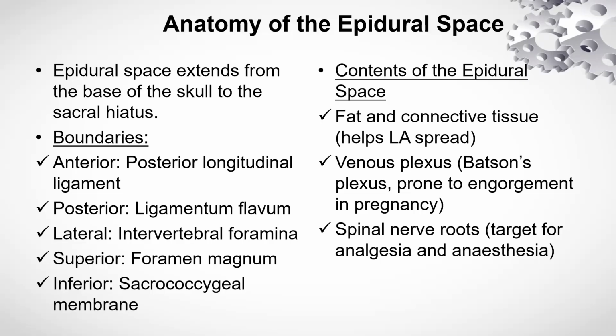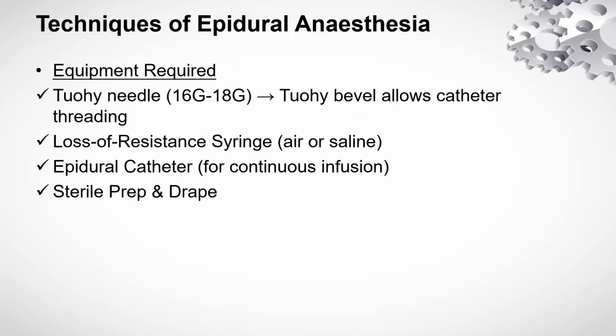Contents include fat and connective tissue. We have Batson's venous plexus, which is prone to engorgement in pregnancy, and that should be taken care of when we're doing epidural in a pregnant patient. And spinal nerve roots, which are the target for your LA.